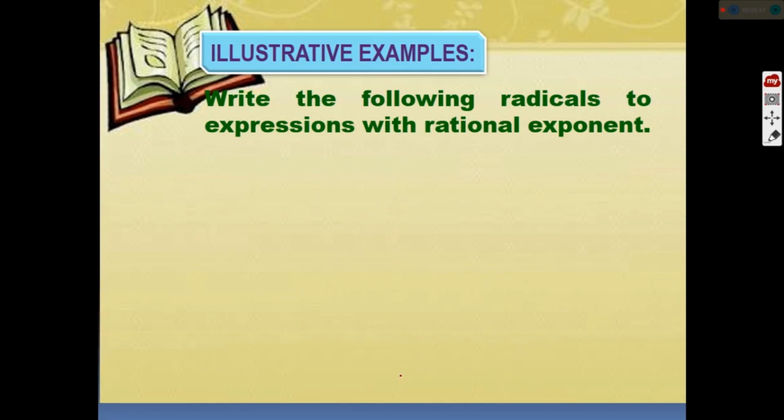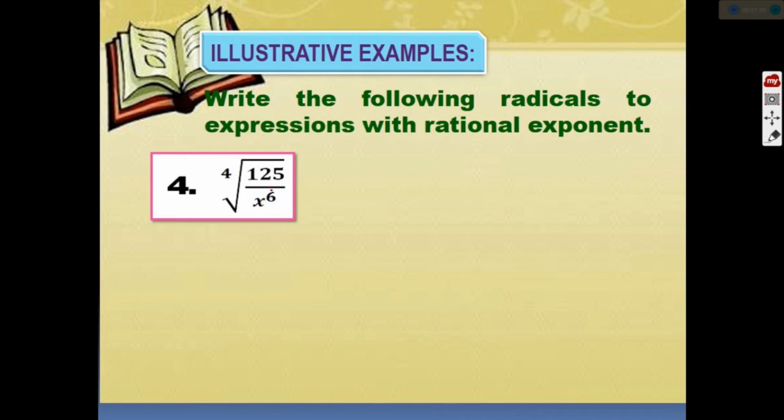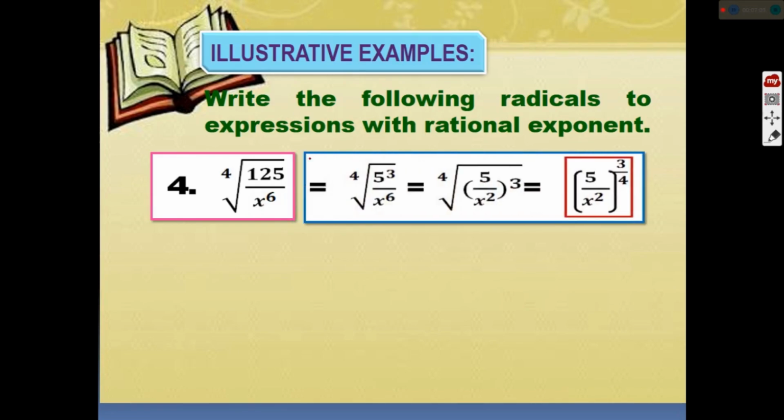Next. Number 4. 4th root of 125 over x to the 6th power. So, yung number na 125, pwedeng gawin nating exponential form. So, yung 125 in exponential form is 5 cubed. Because 5 times 5 is 25 times 5 is 125.